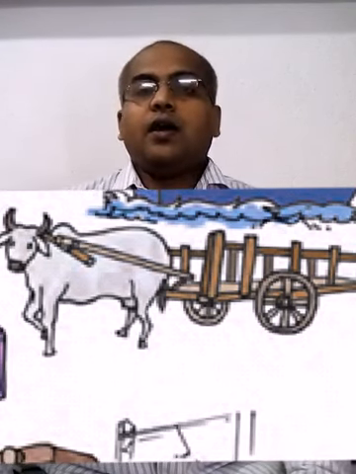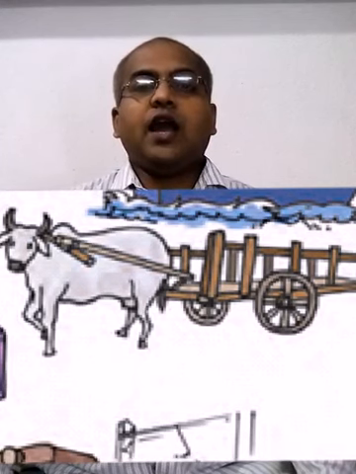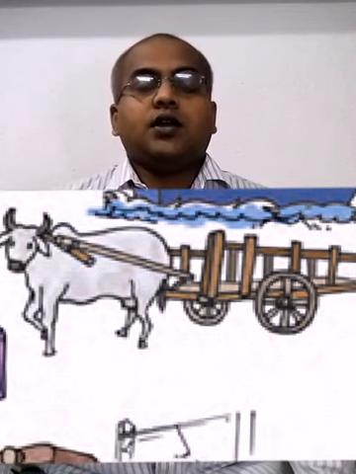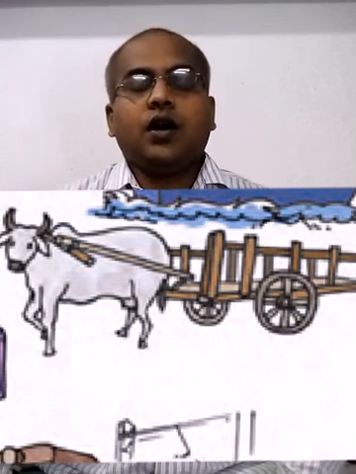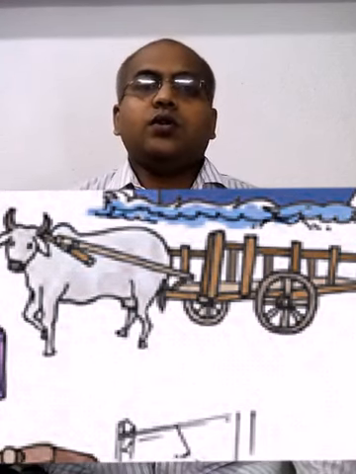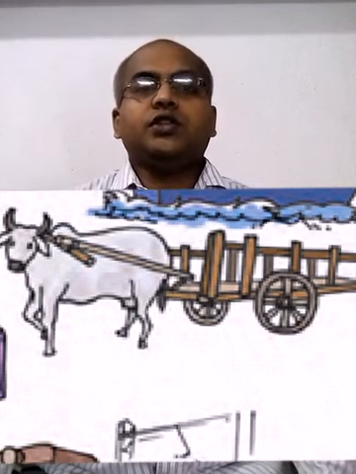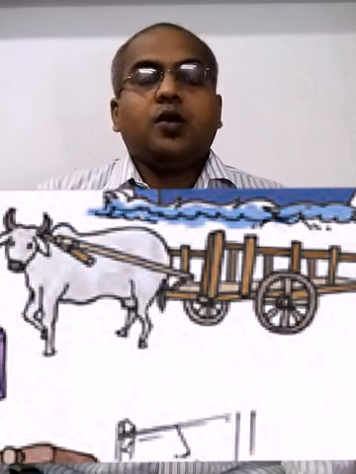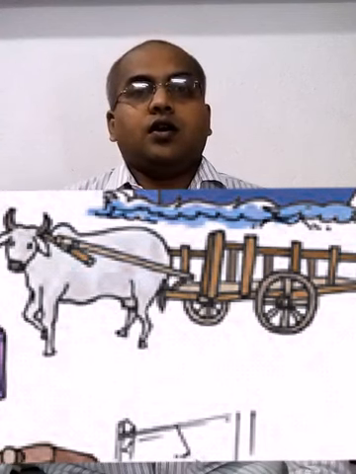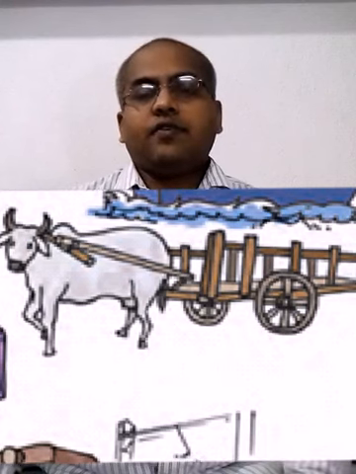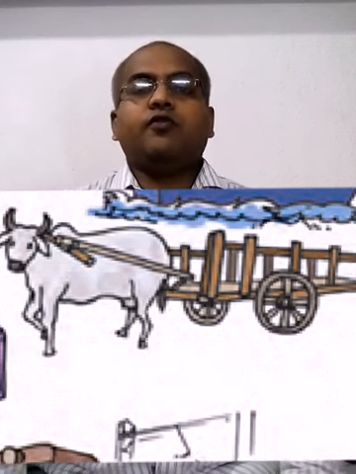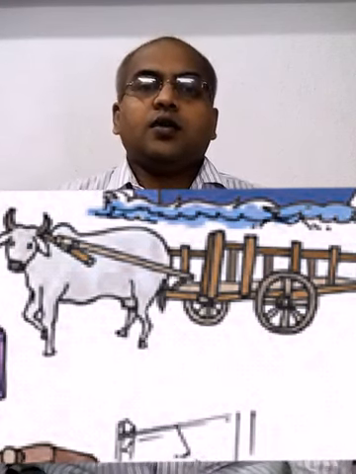In the start of this chapter we have to understand the way we move from one place to another place, like the type of transport we are using nowadays: bus, train, various types of vehicles, car, and there are several other ways by which we are moving from one place to another place.